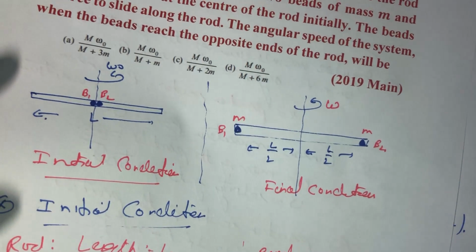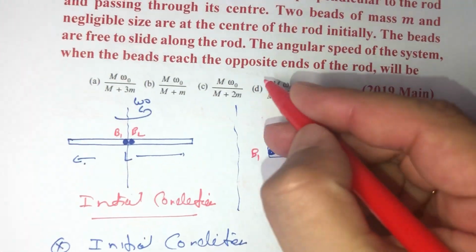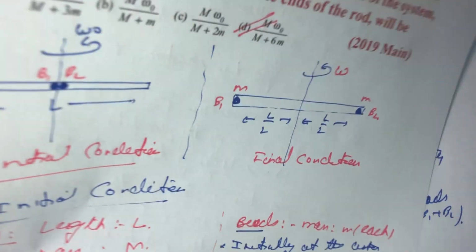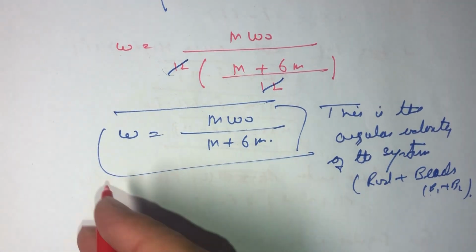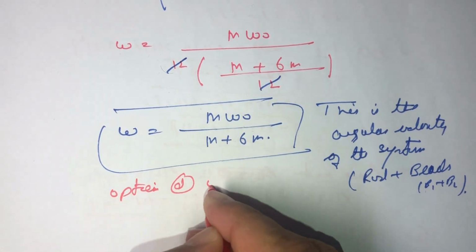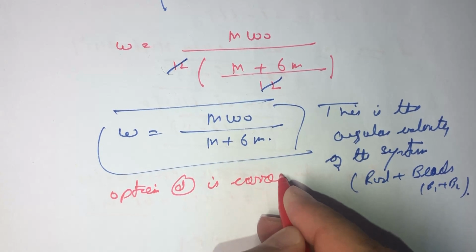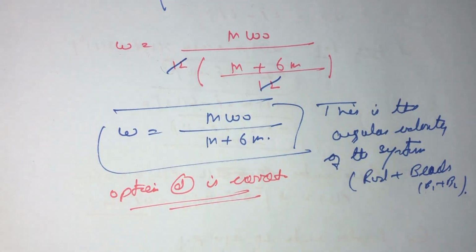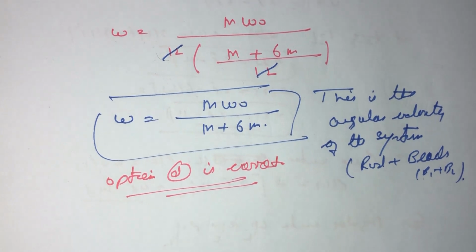And from here we can say our option number D is the correct option. Option D is correct. This completes the question. Thank you.